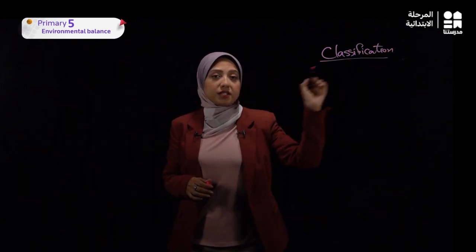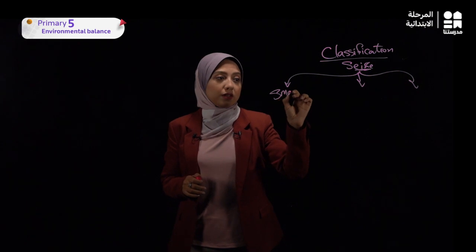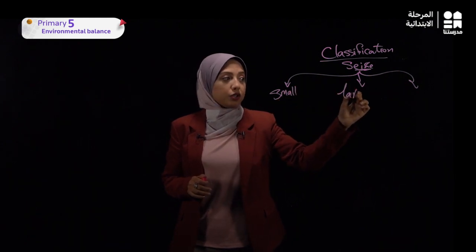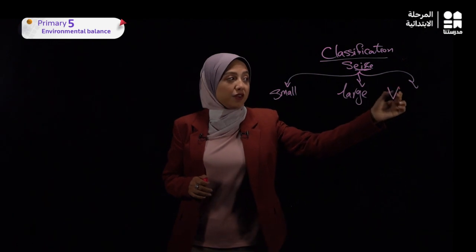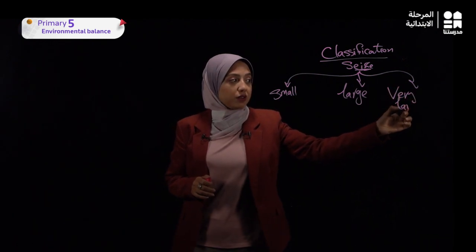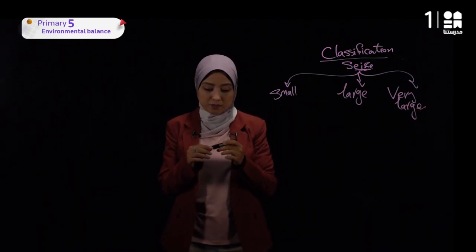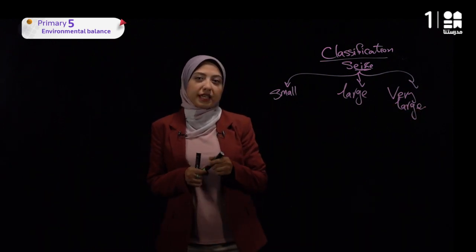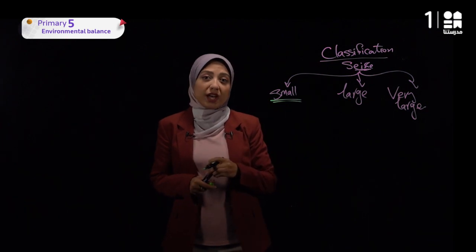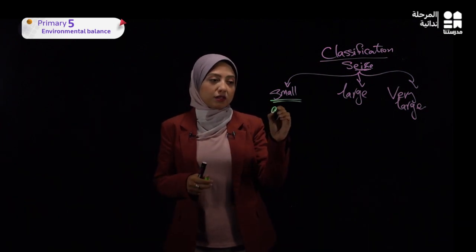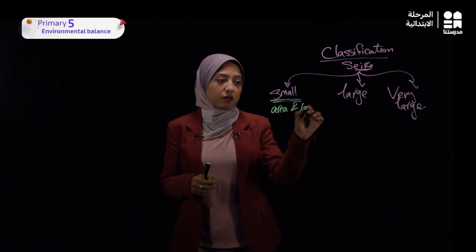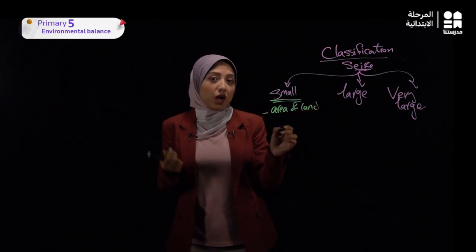They classify the ecosystem into 3 types according to their size: small ecosystem, large ecosystem, and very large ecosystem. طيب small زي ايه؟ Small ecosystem such as an area of land, or also a water pond.